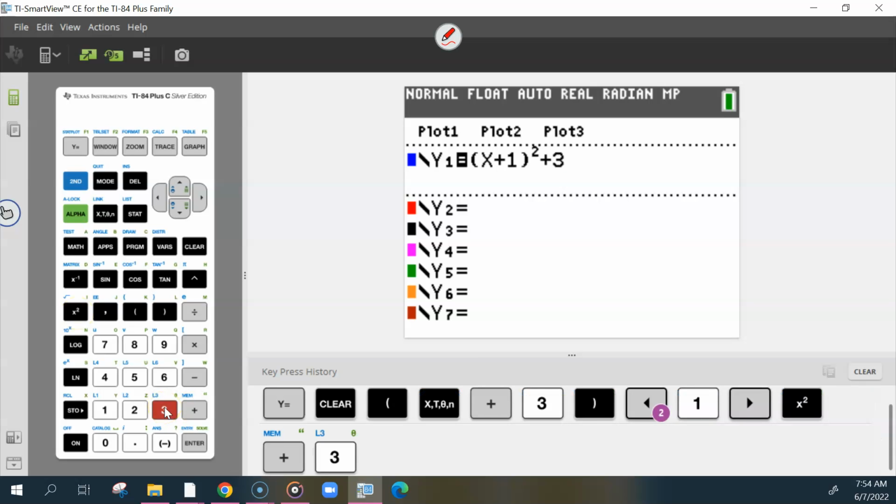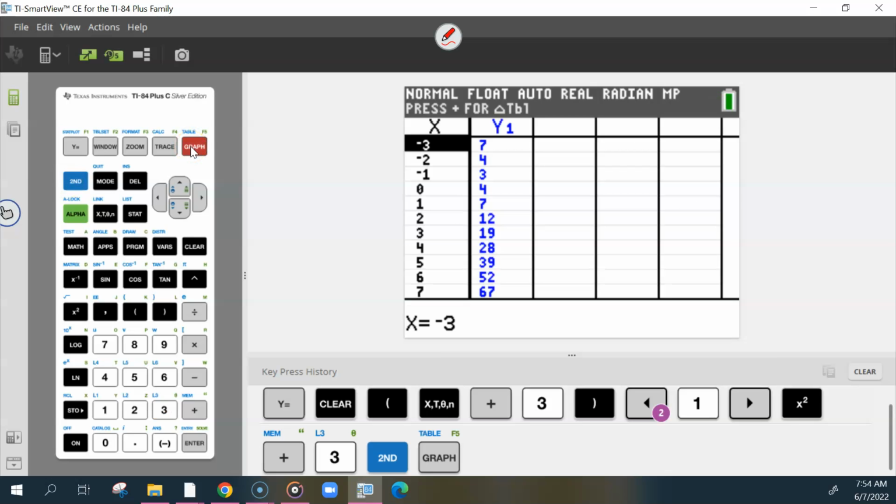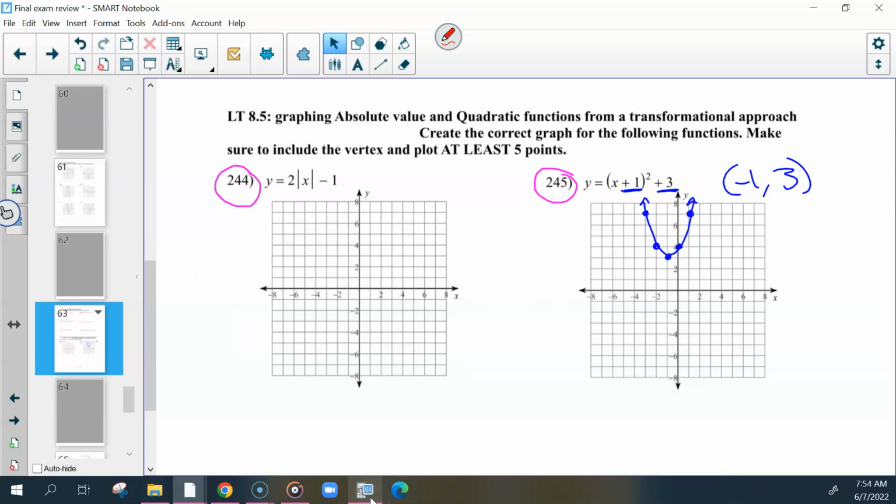And once I have this in my y equals, go into my table, second graph. My vertex was -1, 3, so I'm going to start at that point and then go out from there as many points as I can.